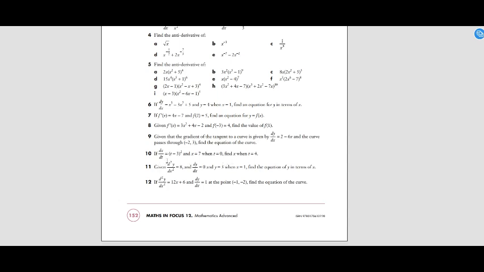Next, same thing: dx by dt equals t minus 3 the whole square, right? And x equals 7 when t equals 0. Find x when t equals 4. Okay? So far we tried to find y from dy by dx, so here x is equal to 7 when t equals 0.